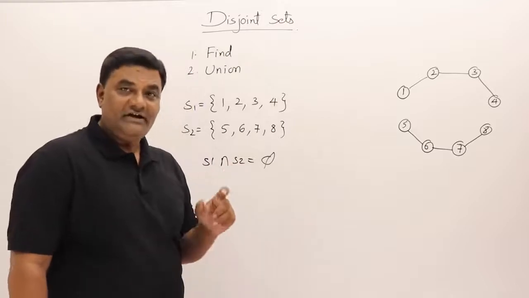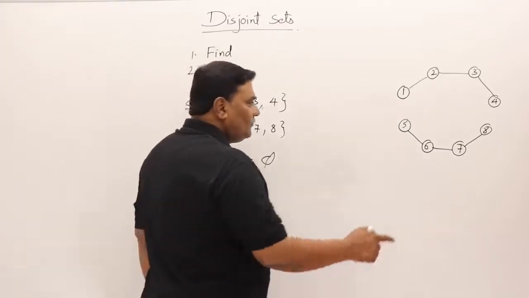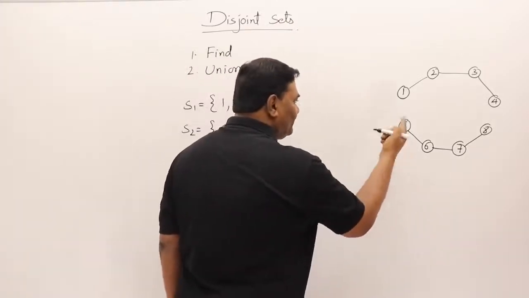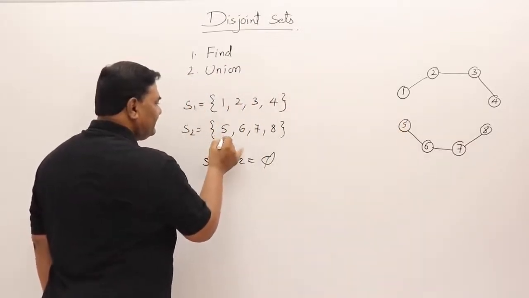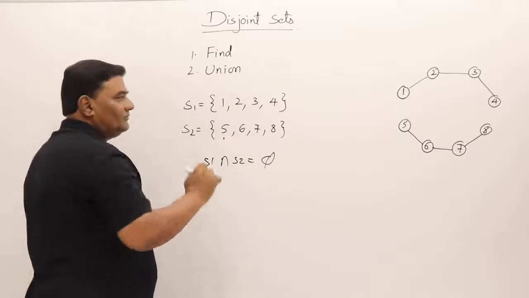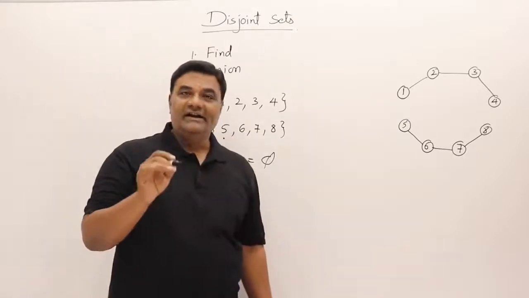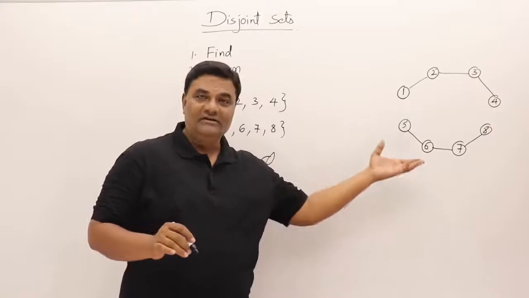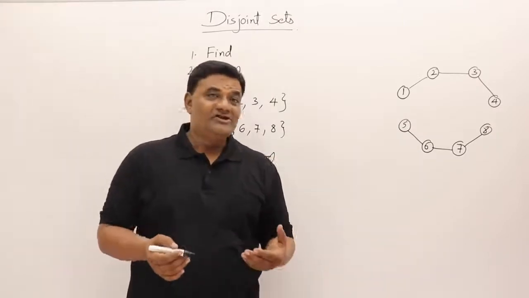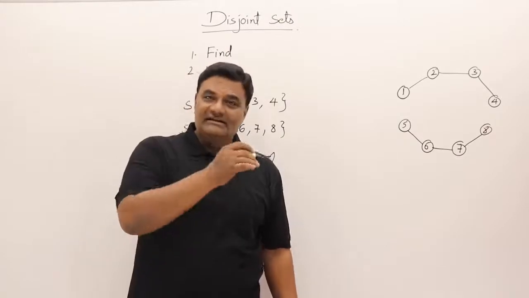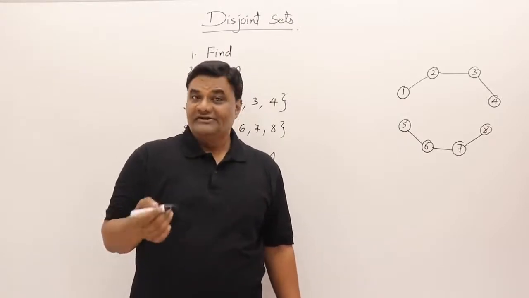First operation, find. I want to know which set vertex 5 belongs to. It's not here. Yes, it's here. So it belongs to set 2. Find operation is to find out which set any element or vertex belongs to. It's like a set membership operation also, meaning that element is a member of which set.